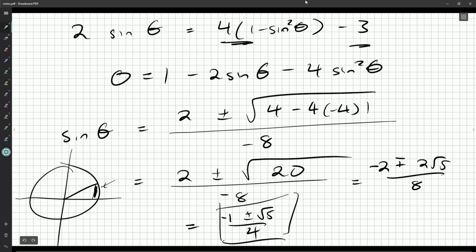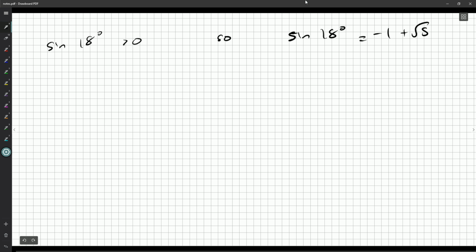So it's much smaller, and I'm expecting a very small angle, 18 degrees. So a very small height, a very small sine. But we'll say sine 18 is positive. So sine 18 degrees is minus 1 plus root 5 over 4. Okay, minus 1 minus root 5 over 4 would be sine of, I think, negative 72, probably.